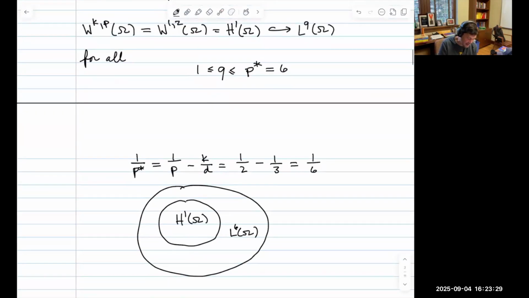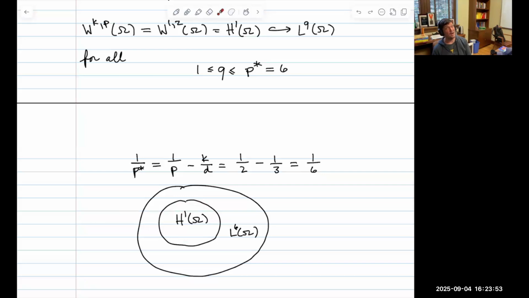So this says that H1 functions are not necessarily continuous functions, okay? But they are from this higher Lp space, L6. So this space here is based on L2 functions, right?